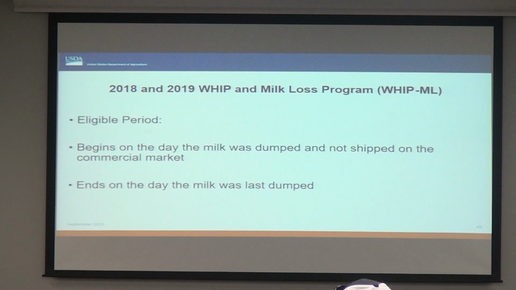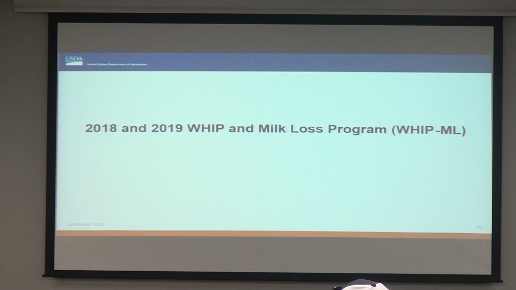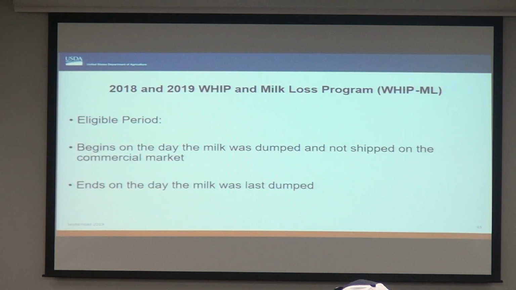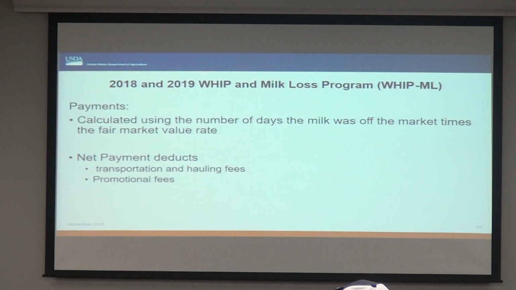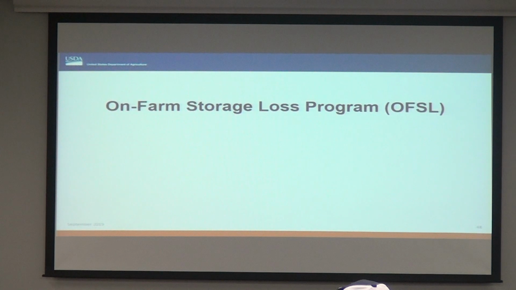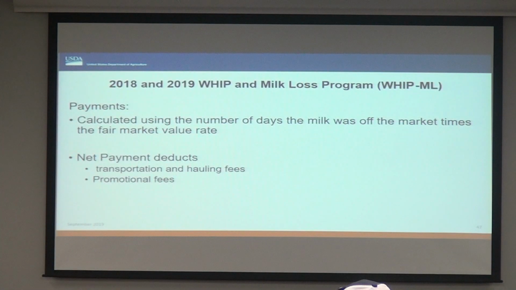I think I did forget to mention, it will be based on production, and I don't know what happened to my slide there. The production will be calculated using FSA's new Dairy Margin Coverage program. That replaced the program that we had in the last Farm Bill, the Margin Protection Program.